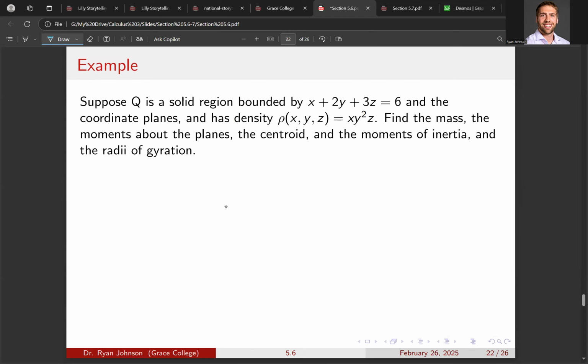Actually, let's talk about the region of integration as a class. How would I even find the region of integration?